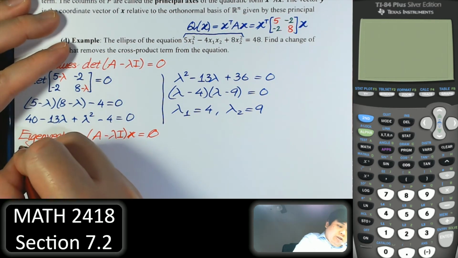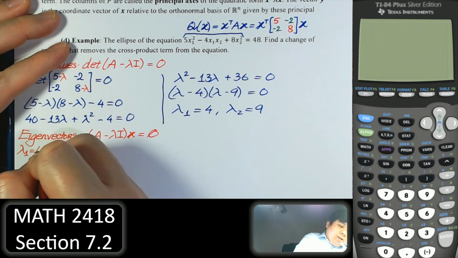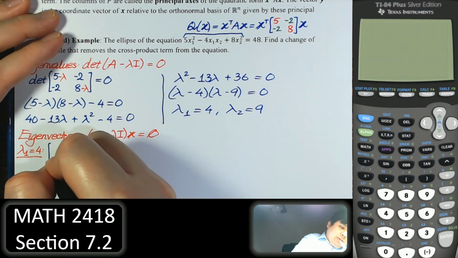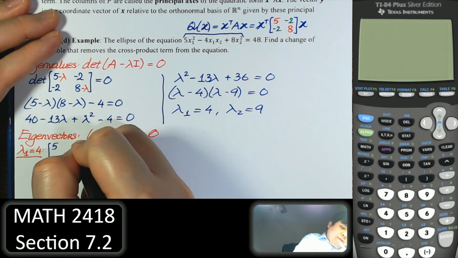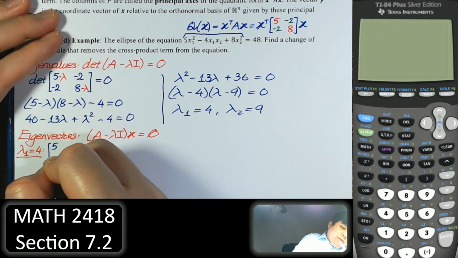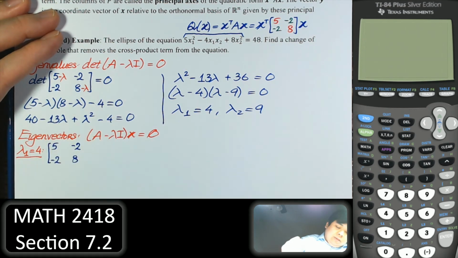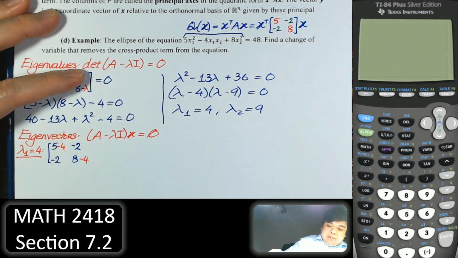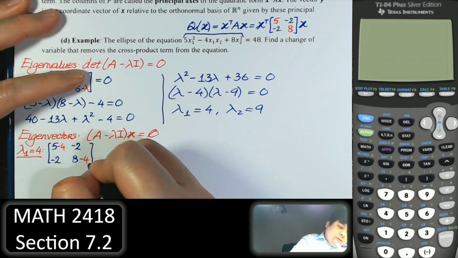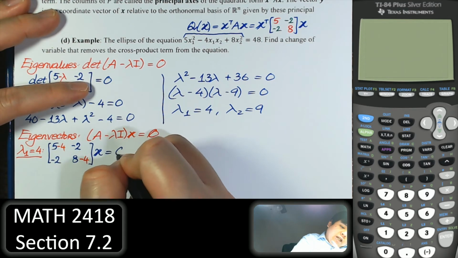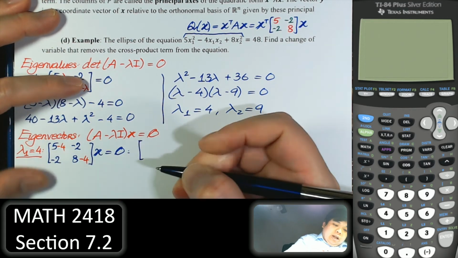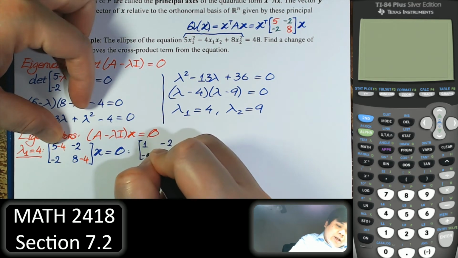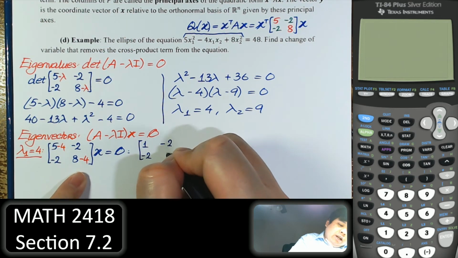The first one is 4. A minus 4I times x equal to the zero vector, which is 1, negative 2, negative 2, and 4.